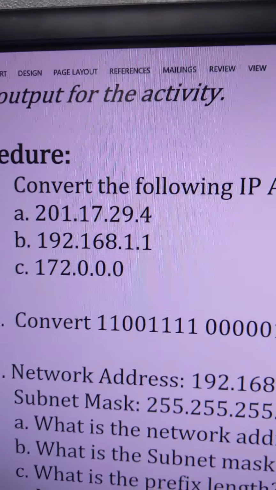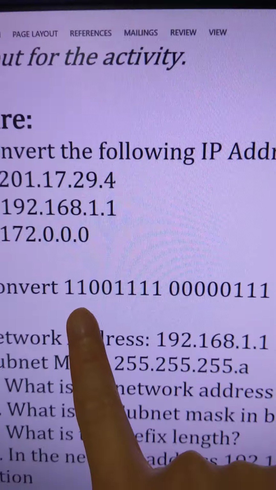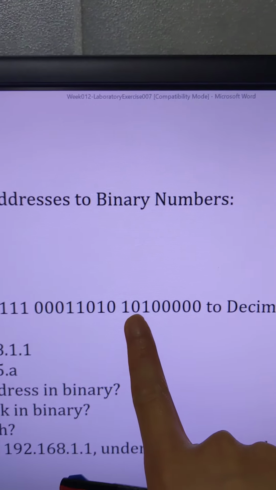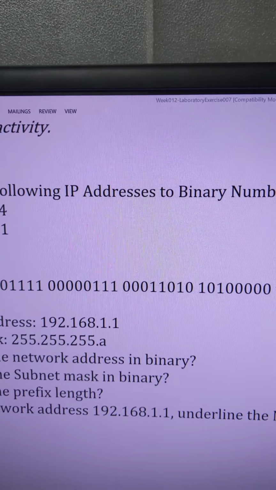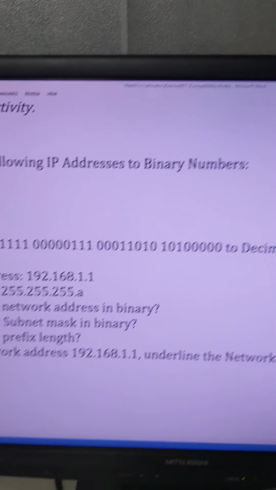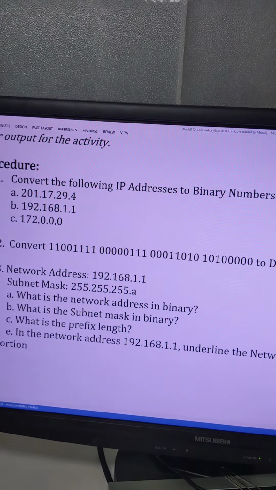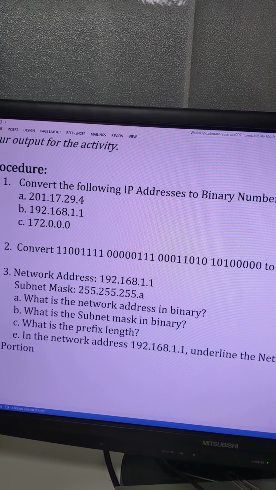We're going to convert this 4-octet binary into decimal. So we're just going to use the same thing earlier.